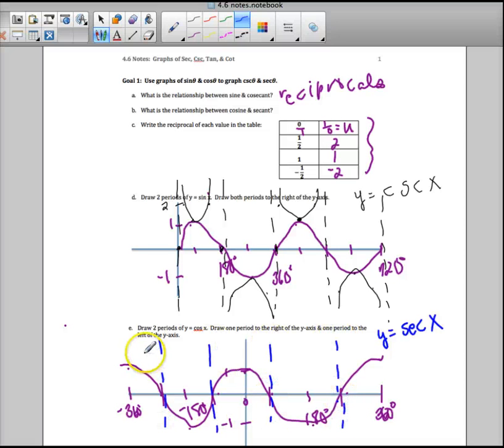Everywhere that cosine opens down, secant will open up. Everywhere cosine opens up, secant will open down.